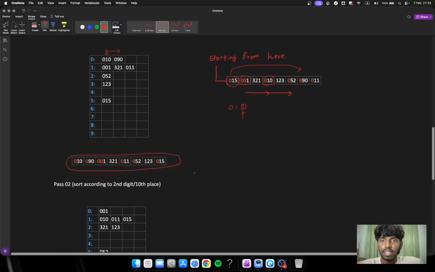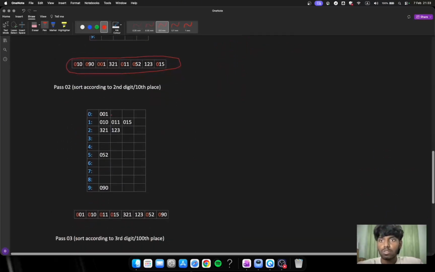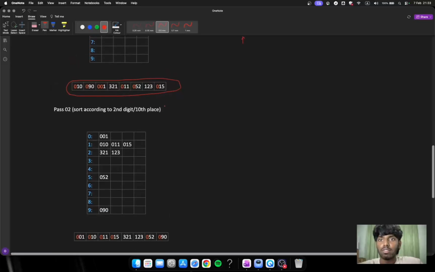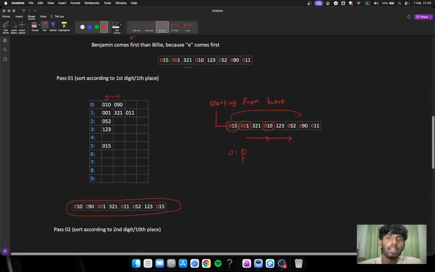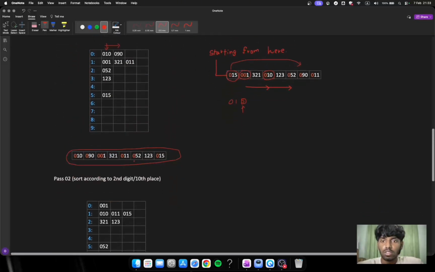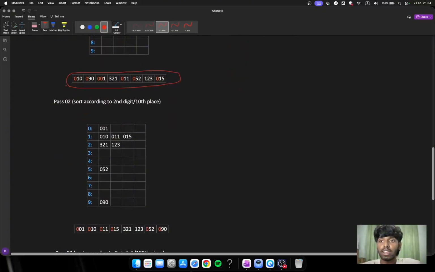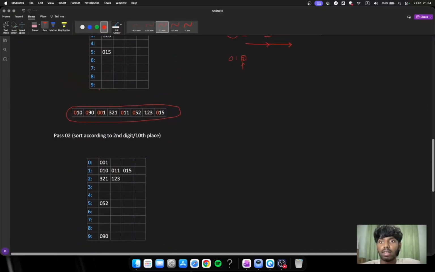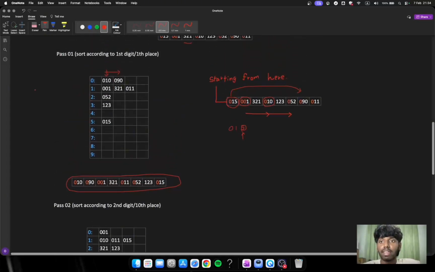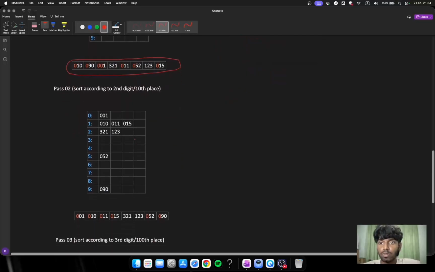So we move to pass 2. Right here we're going to fill these buckets using this array, not using the default array. We are only looking at this array, the one we created using pass 1.